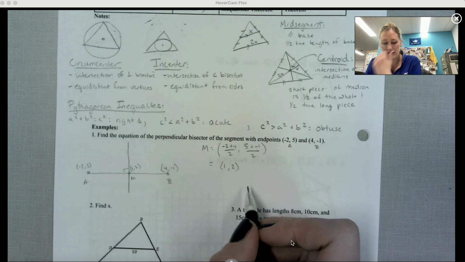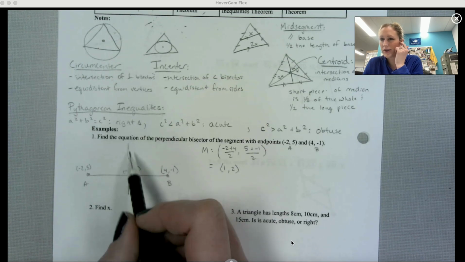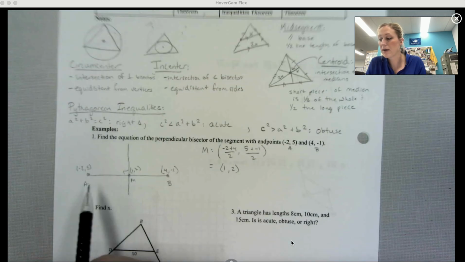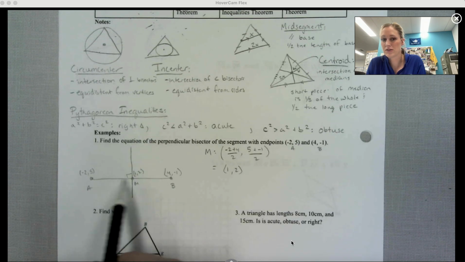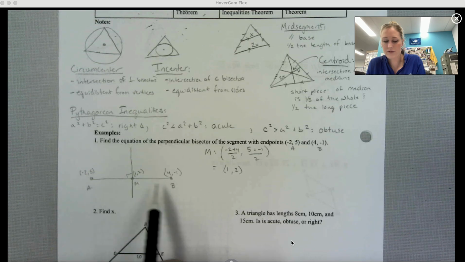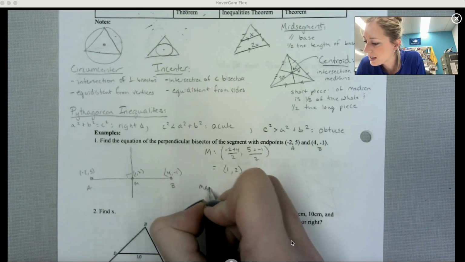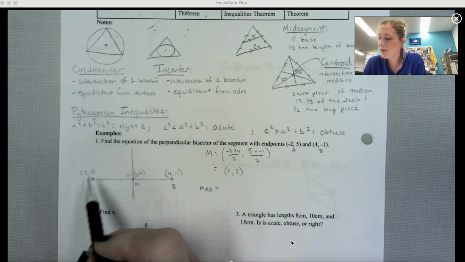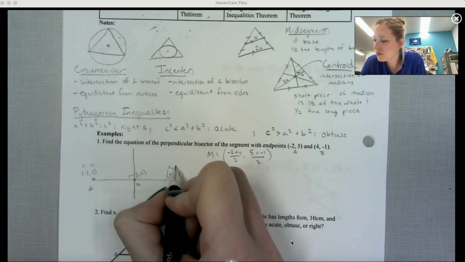The other thing I need is the slope of this line. I don't have another point to use my slope formula on this line, but because I want it perpendicular, I know it has to be the opposite reciprocal of this one. So I'm going to find the slope of segment AB first, using my slope formula with x1, y1, x2, y2.